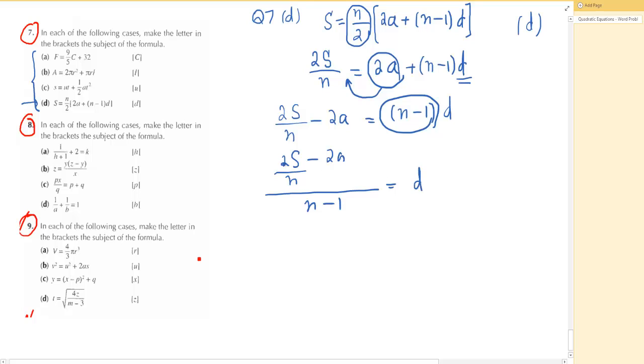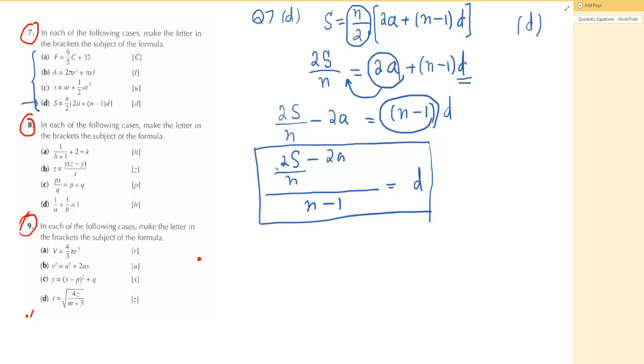This is the formula where D is the subject. Very easy method. There is not a lot of working involved. Any other part from question 7, beta? Which part should I do? No, one more part. Question 7.